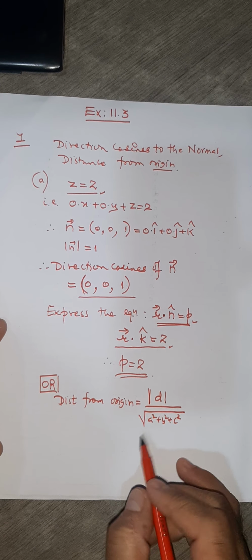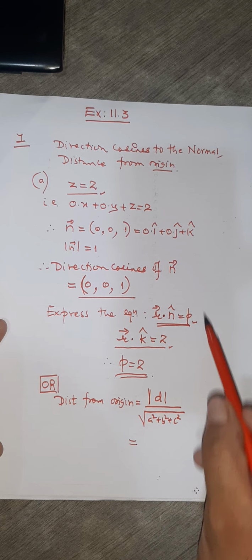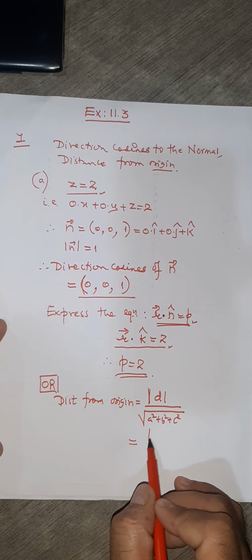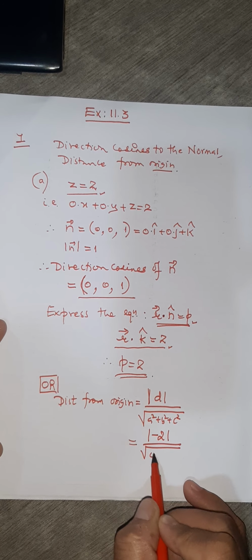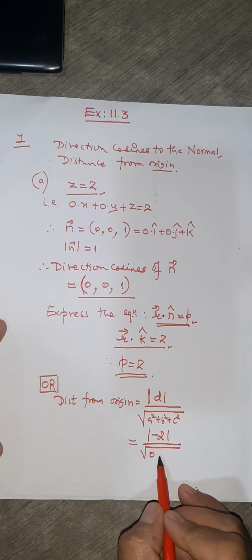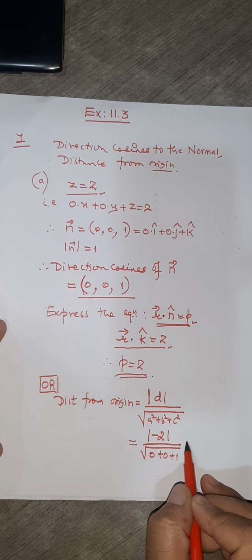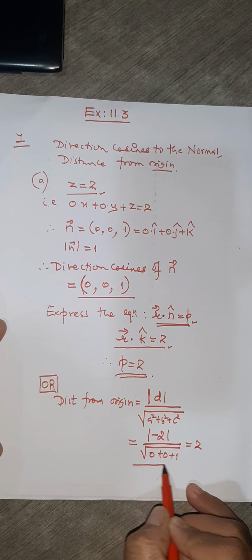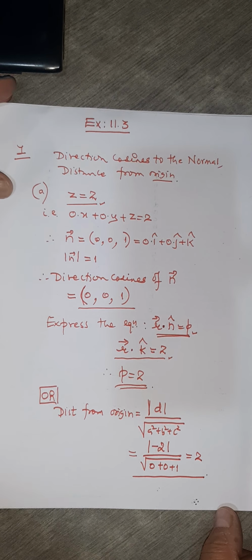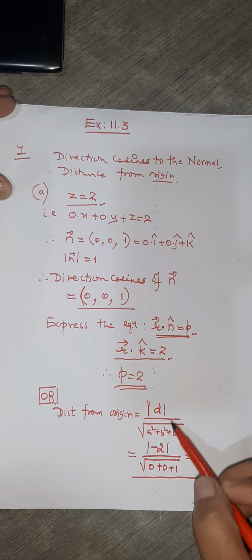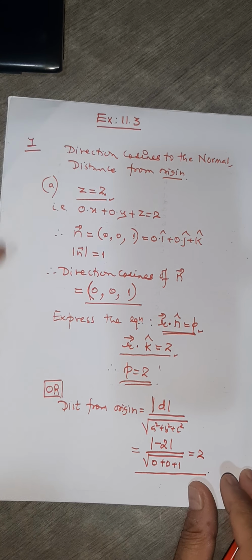Just recall the theory. What's d here? You take 2 to the other side, so it's minus 2 upon root of 0 square plus 0 plus 1. So in turn you will get the d. We have used one of the earlier formulas. Either you can do it this way or this way, whichever you like.